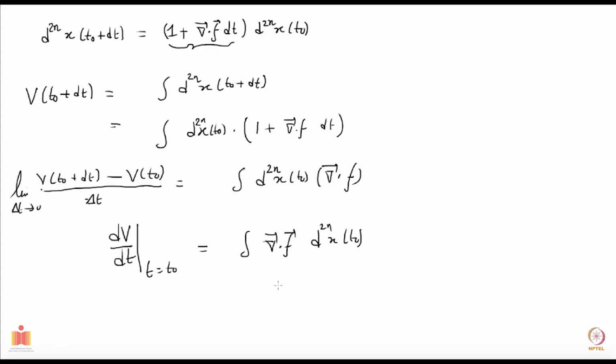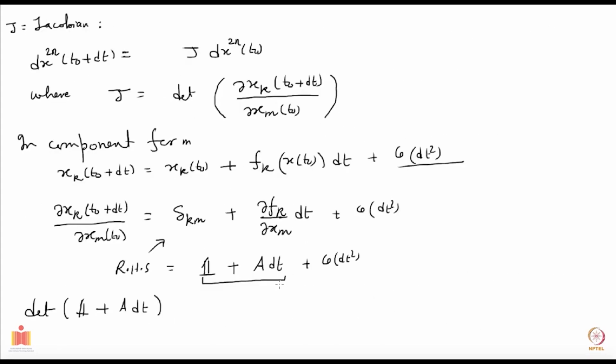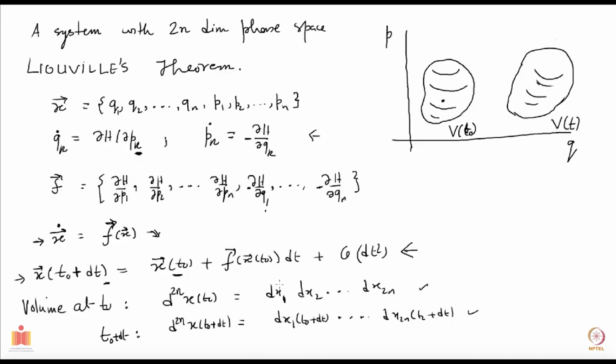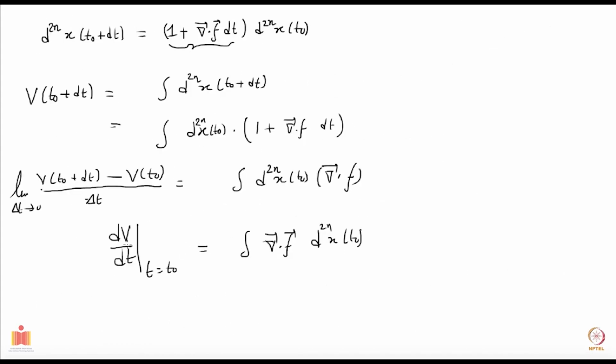Now, if it so happens that your f, which you defined here, which is on the right hand side of your differential equation, is divergence-less, so let's say I assume that divergence of f is equal to 0.